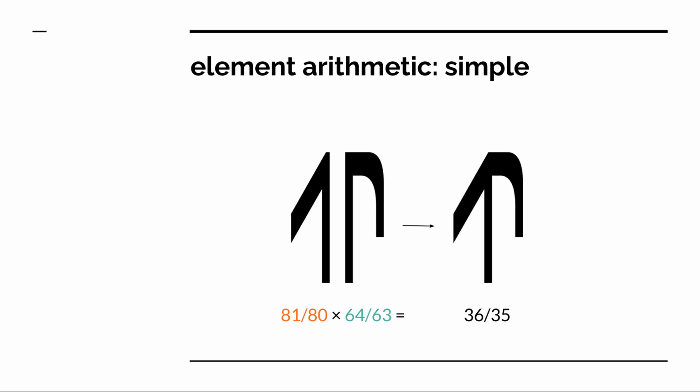In this case, it is indeed exact. If you multiply 81 over 80 by 64 over 63, you get 36 over 35. By the way, whenever element arithmetic is not exact, it comes out very close, within 2 cents.